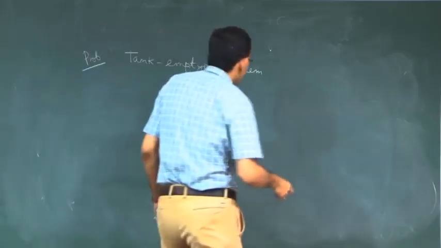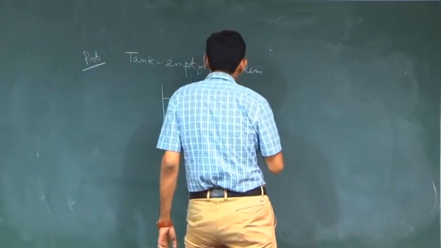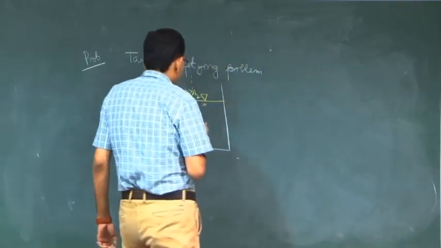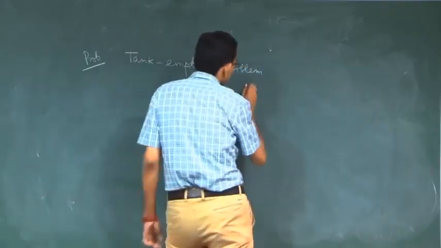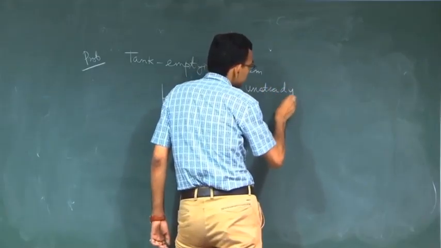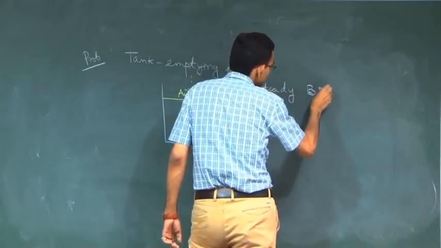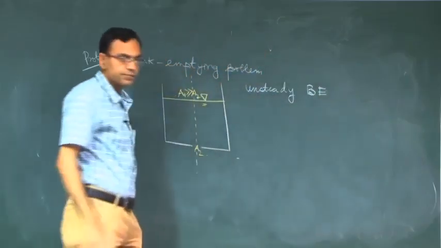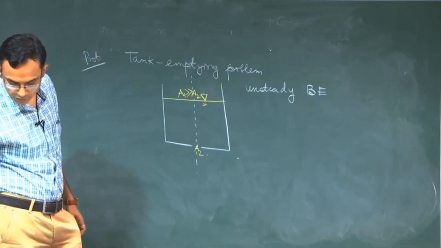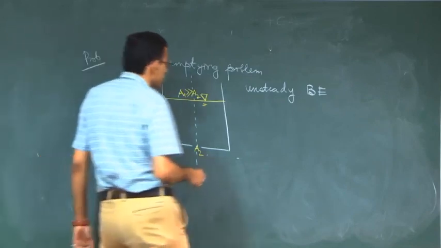So, we will consider the unsteady version of Bernoulli's equation, by considering a streamline.